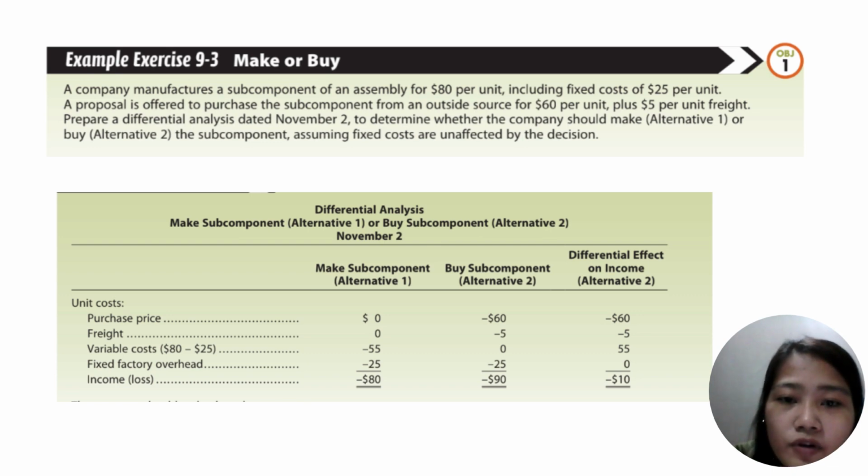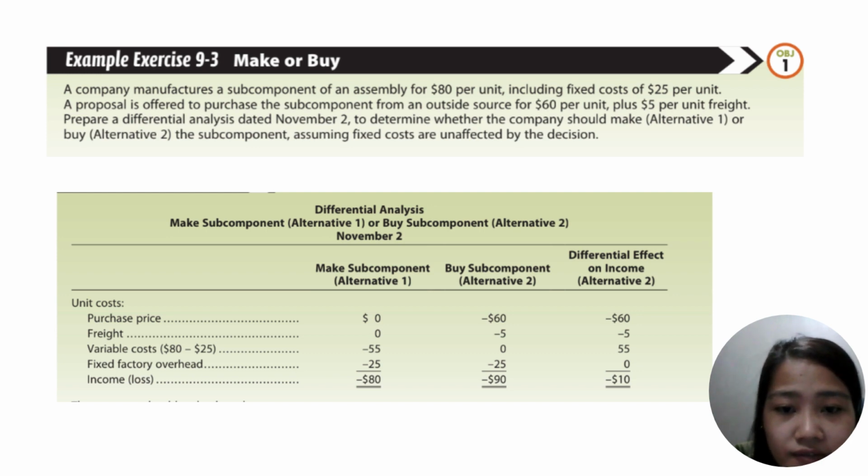So here, for the make subcomponent, we have variable costs of $55 per unit. So that is the $80 per unit to assemble the subcomponent less the fixed cost of $25 per unit.